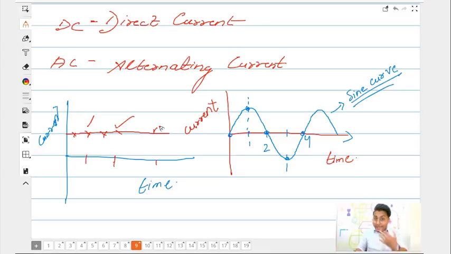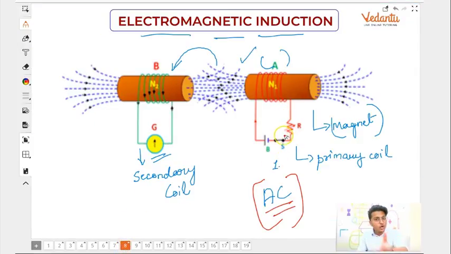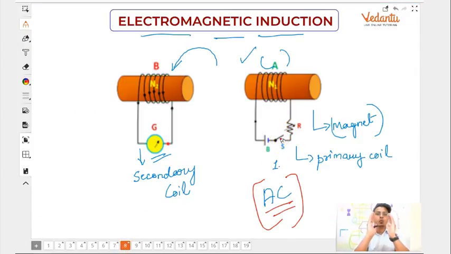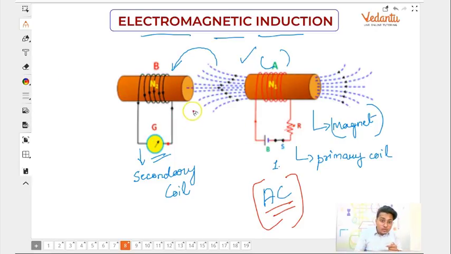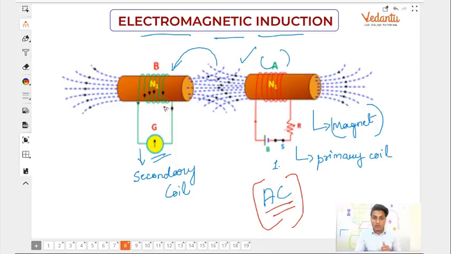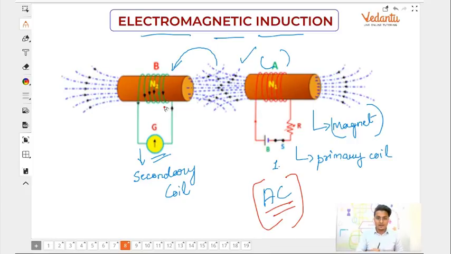Now the reason why I've told you this is pretty important. We were discussing, sir, here the magnetic field is not changing. It is a constant. It is kept at one position. So how can it produce an induced current in the secondary coil? This was our primary question. To understand that, I taught you about alternating current.